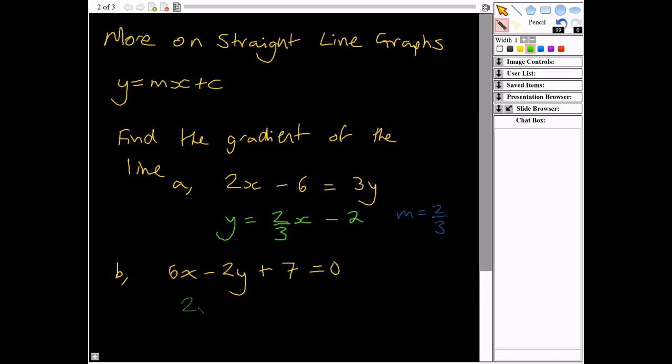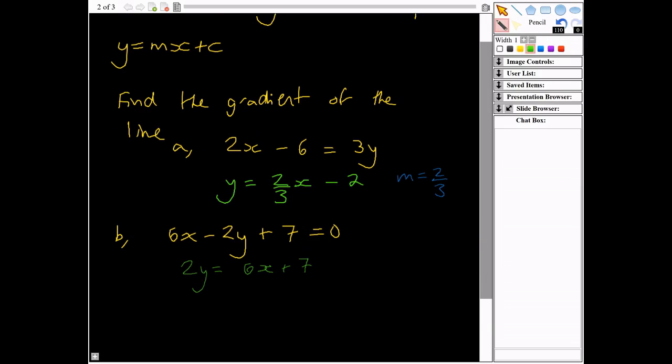So I would say that 2y is equal to 6x plus 7. Then I would divide through by 2. So I would get y is equal to 3x plus 7 over 2. That would be acceptable. If I wanted to, I could write that as 3.5 as well.